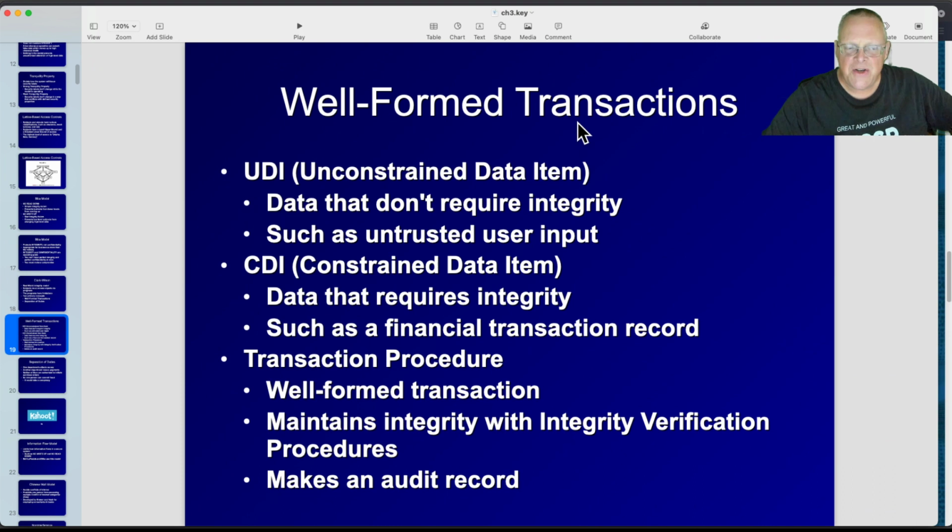Well-formed transactions take untrusted input, called unconstrained data items, and a transaction procedure will constrain it, fitting your untrusted data into your security policy and turning it into a constrained data item, which is now correctly stored and correctly marked with the right security properties, so it will stay within your security model. Well-formed transactions move the system from one state to another while maintaining your security policy.